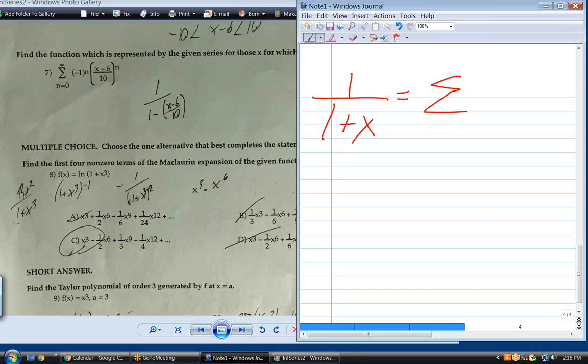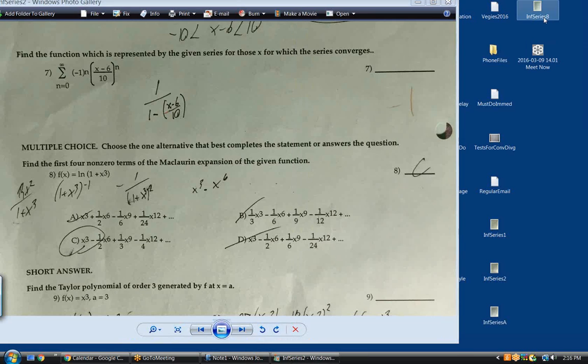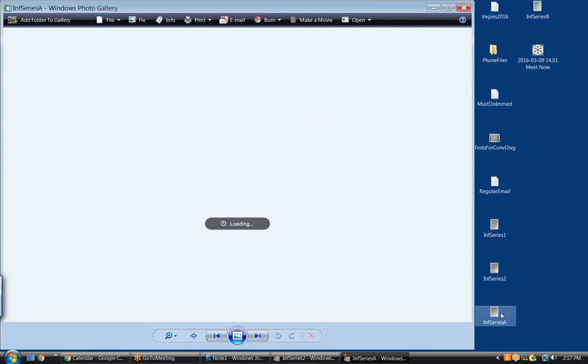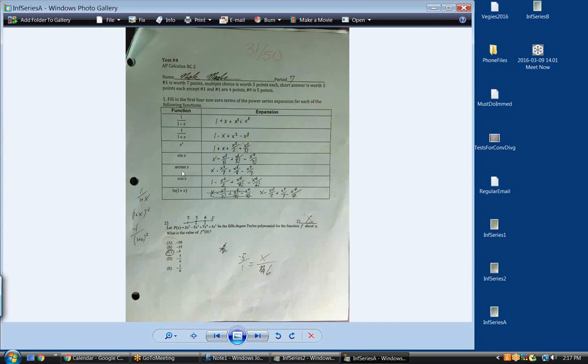In other words, if you look at this table, you'll notice that 1 over 1 plus x converges to 1 minus x plus x squared minus x cubed, ad infinitum.